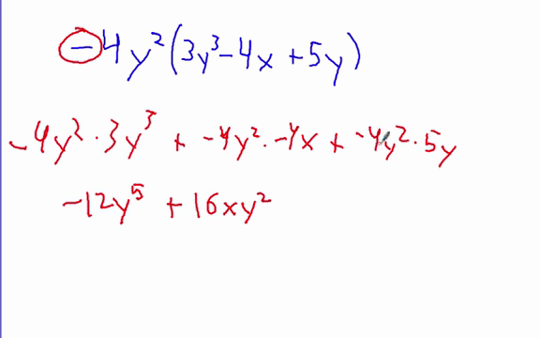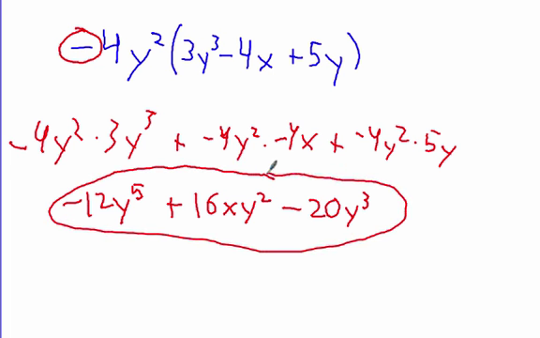Over here, negative 4 times positive 5 is minus 20. y squared times y is y cubed. So there we have it. We have negative 12y to the 5th plus 16xy squared minus 20y cubed. No like terms to combine, so that is our final answer.